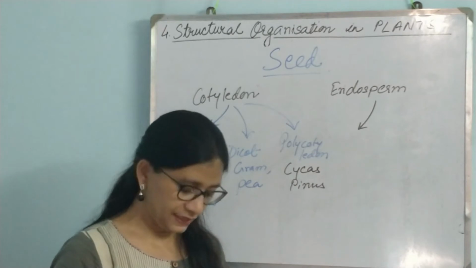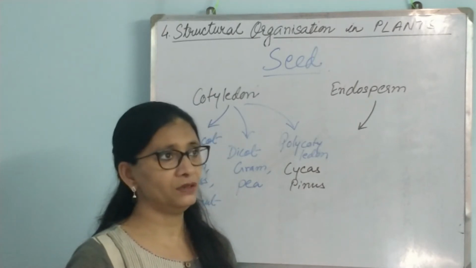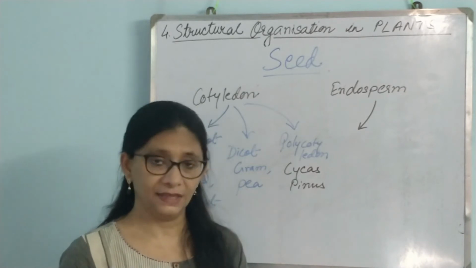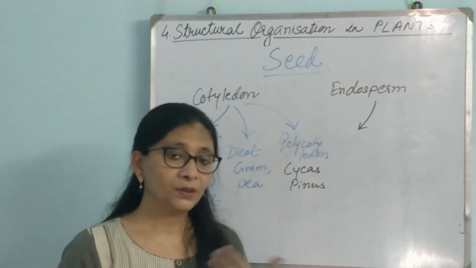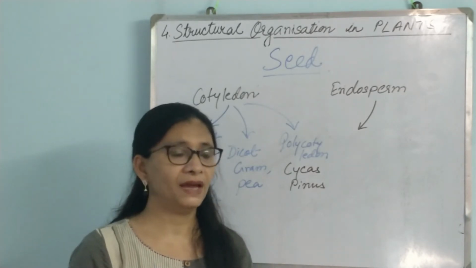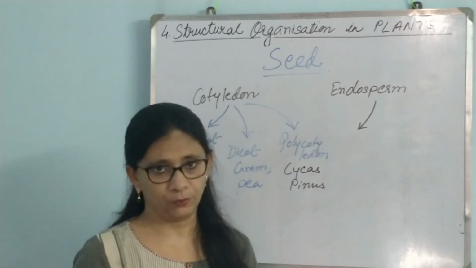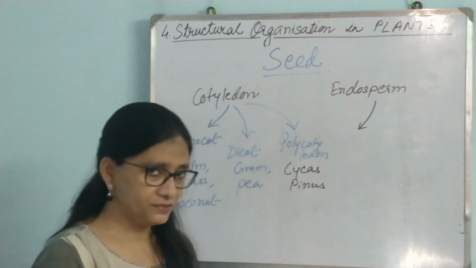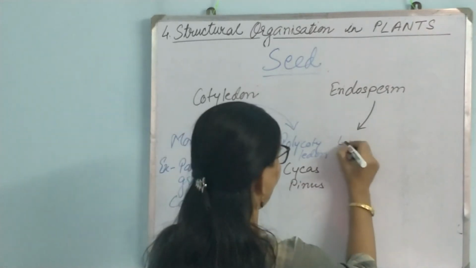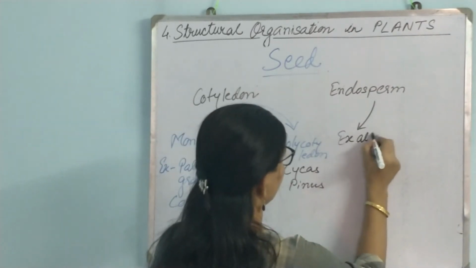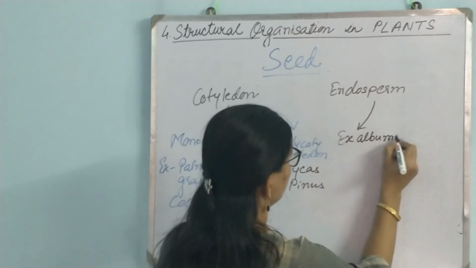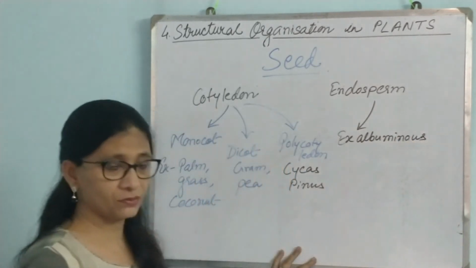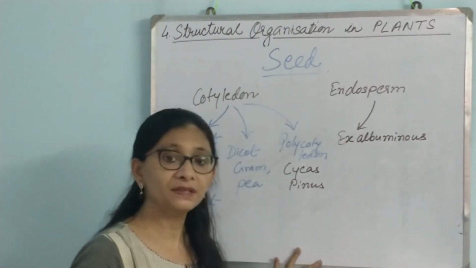But some seeds after development may have endosperm retained in them, or in the process of development they have used the entire endosperm. If they have used the entire endosperm, those seeds are known as exalbuminous or non-endospermic seed.